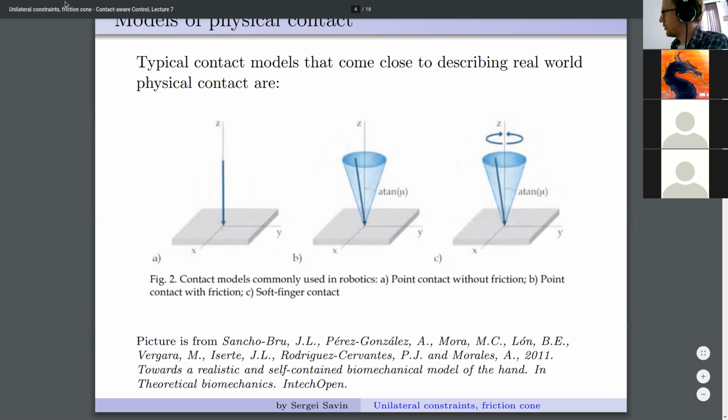But notice that you have this cone. What does it mean? It refers to the fact that friction cannot be arbitrary. Let me put it this way. Imagine that you have a brick sitting on the ground.